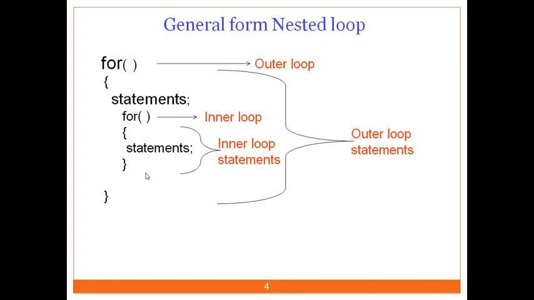Once the control reaches the outer for loop, it enters the loop and executes the instructions of the outer loop. One of the instructions in the outer loop is a for loop, the inner loop. The inner loop is also executed repeatedly.